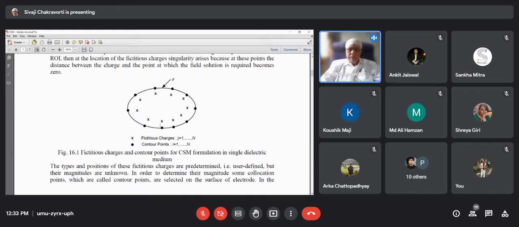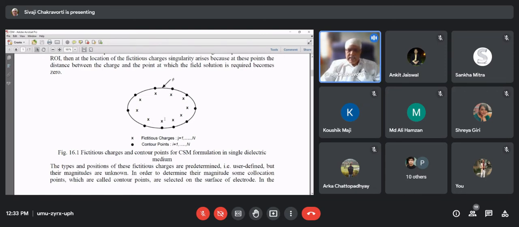And if I multiply Pij by the charge magnitude at that location, that is Qj, I get the contribution at that contour point I towards the potential by that jth charge. So I repeat, Pij is known, then Pij multiplied by Qj, which is the magnitude of charge at the jth location. What is that? Pij into Qj. That is the contribution of that Qj towards the potential at the ith contour point.